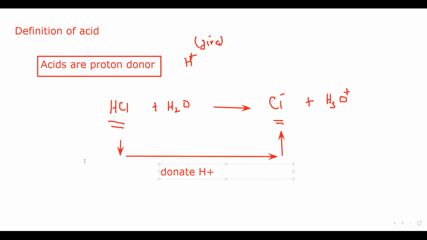So in this example, HCl is an acid. A substance which donates proton or gives proton, we call that an acid. This is the basic definition of acid. So acids are proton donors.